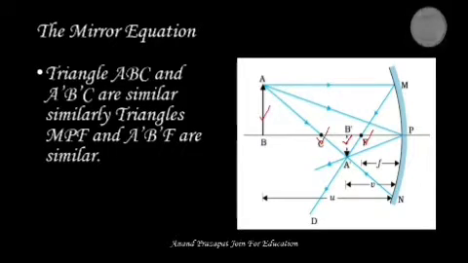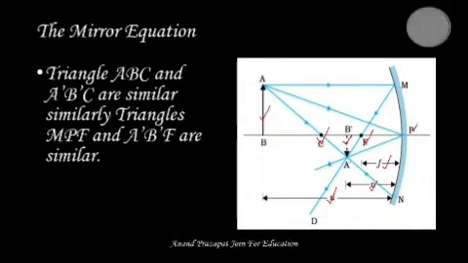The distance between P and the foot of the object is known as the object distance, generally denoted by u. The distance between the foot of the image and the pole of the mirror is known as the image distance, generally denoted by v, and the distance between P and the main focus of the spherical mirror is known as the focal length of the mirror.